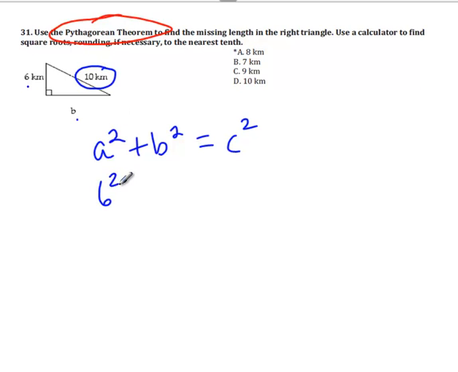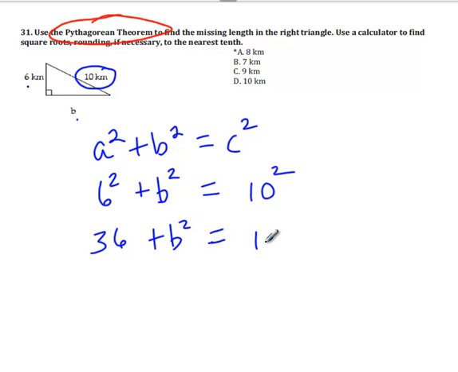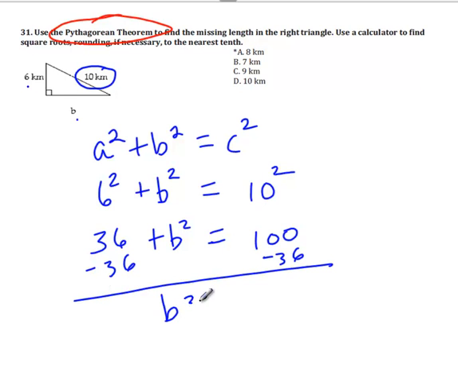So 6 squared plus b squared equals 10 squared. So that's 36 plus b squared equals 100. Subtract 36 from both sides to get b squared equals 64.